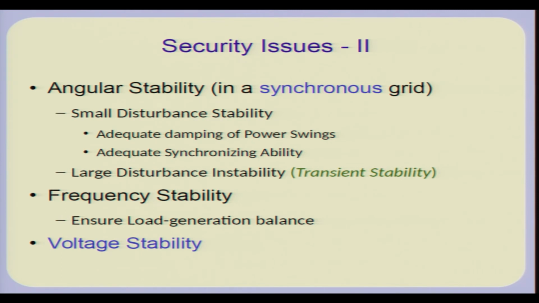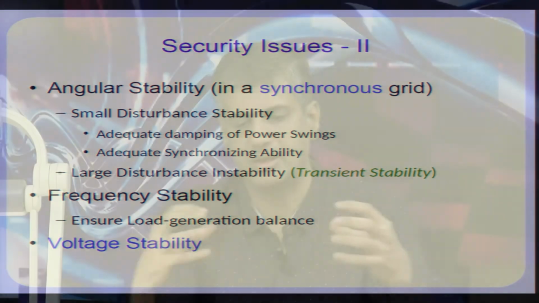We have discussed quite a lot in detail angular stability problems. You need to have damping of power swings, and ensure that the machines remain in synchronism. In fact, the steady state power flow in transmission lines also should not be too large, so that the transmission lines give you adequate restorative forces to keep the machines in synchronism.